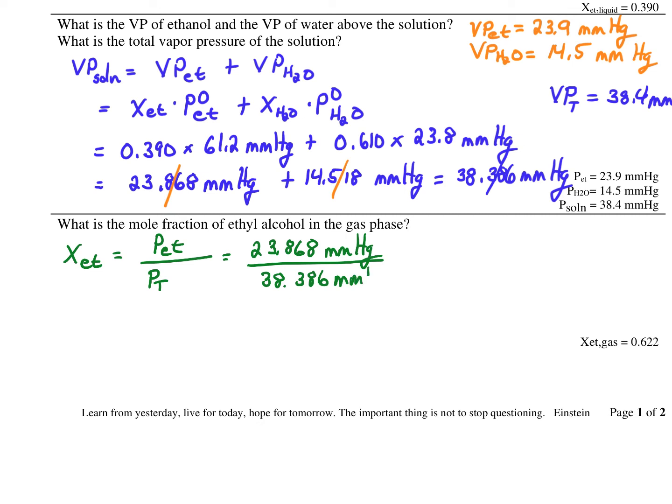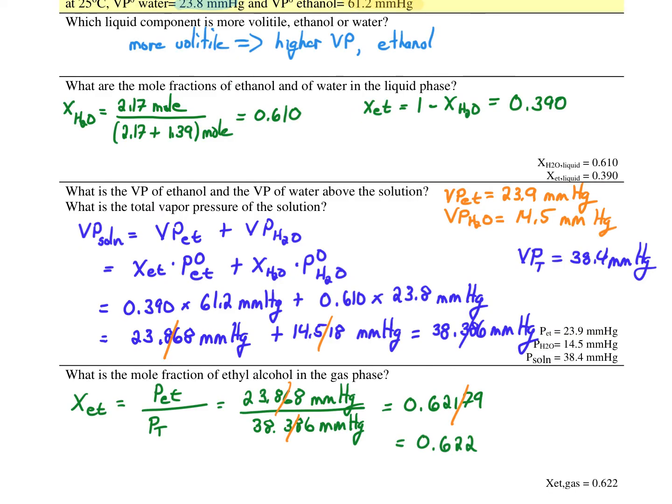Again, we go back to the unrounded values, and this would come out to be 0.62179. It's a unitless quantity because it's a mole fraction. Let's look at sig figs. These were good to the tenths, so that's 3 sig figs. So our final mole fraction of ethanol in the vapor phase is 0.622.